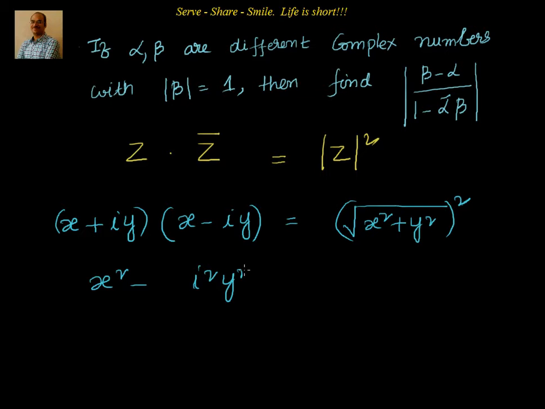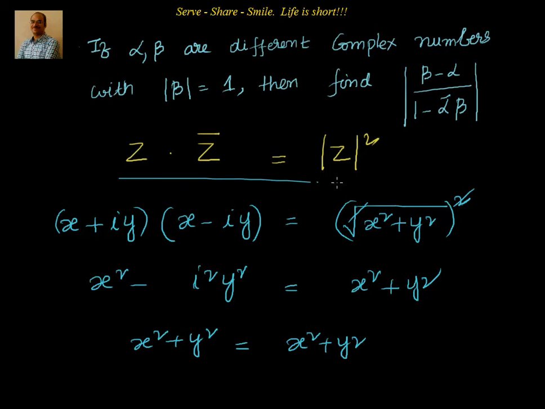So x square minus i square y square equals x square plus y square, because the square root and square cancel out. Now we know that i square equals minus 1, so this gives x square plus y square. So this is the particular property which we are going to leverage to solve this problem.